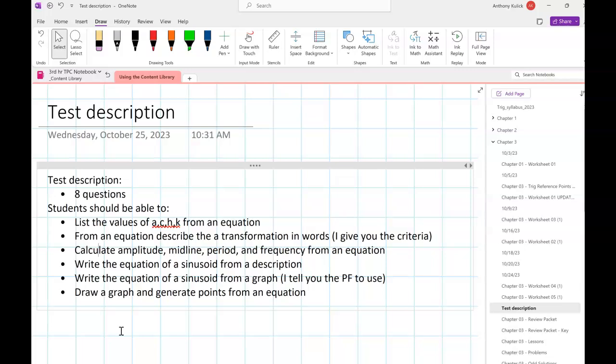Or I ask you specifically, here's an equation, give me the midline, period, amplitude, but you did that when you did the graphing problems. That's basically those 3 kinds of problems. If you can do all of that stuff, you should be good to go.